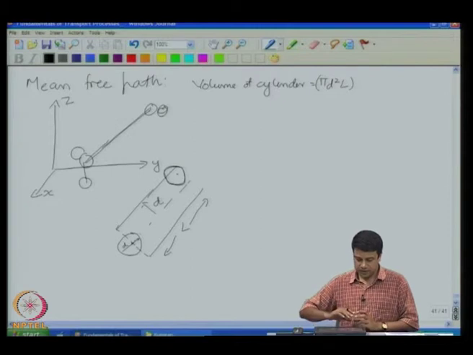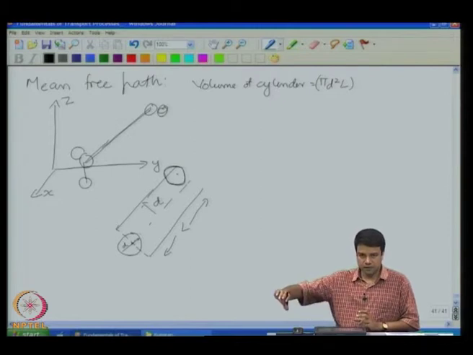And of course, as it sweeps out a longer and longer cylinder, the probability that it is going to collide increases. Why? Because the probability of finding a second molecule within the cylinder increases.